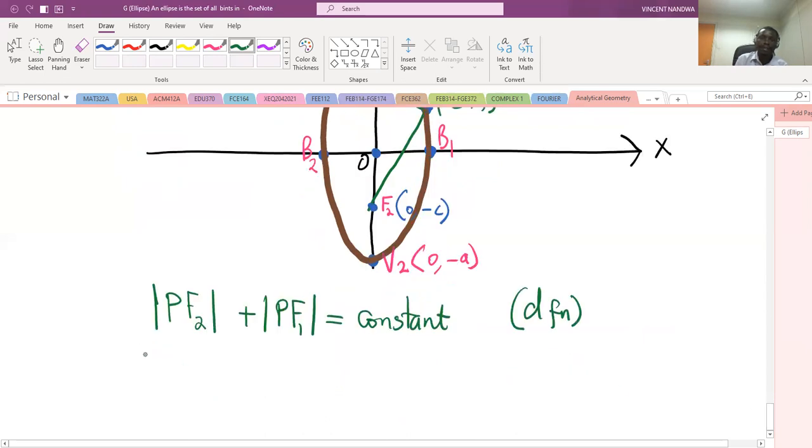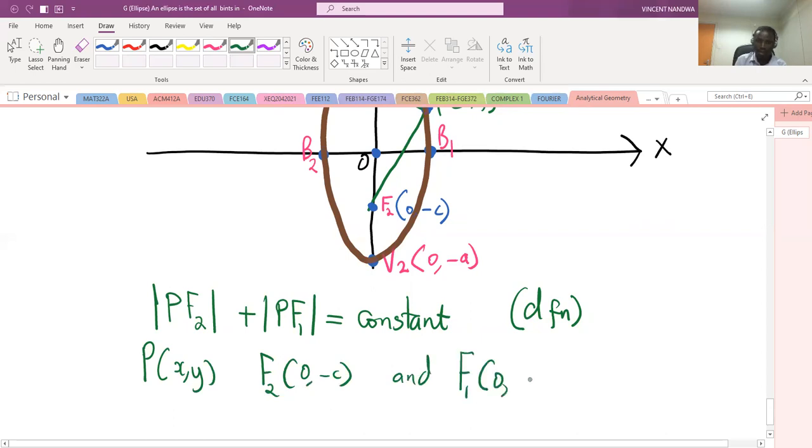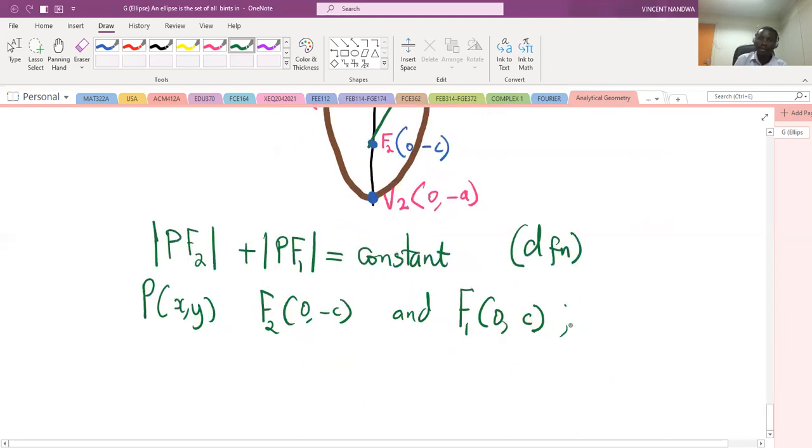The coordinates of P are given by x, y, coordinates of F2 are 0, minus c, and coordinates of F1 are given by 0, c. And this constant, we have found out, is given by 2a.